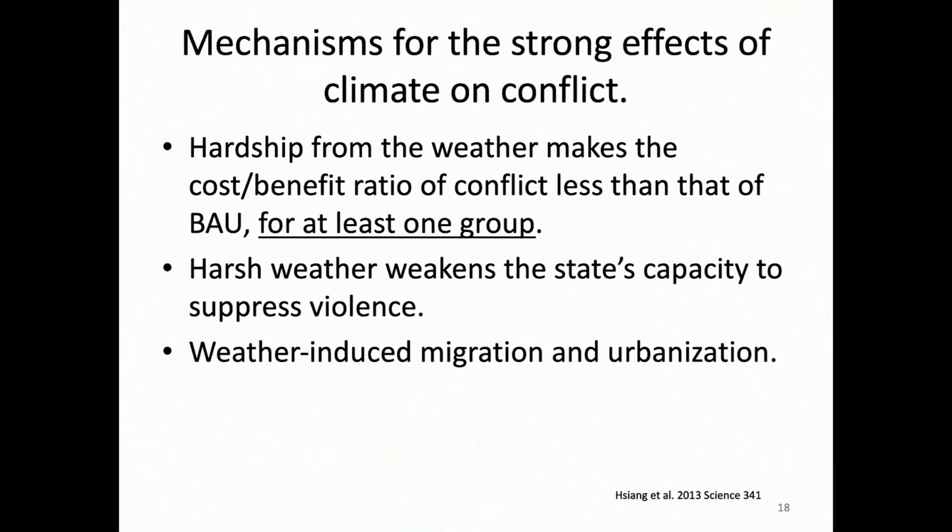And the big one, I suspect, is weather-induced migration and urbanization. I'm guessing that's the big one. But there are other possibilities. Like everybody could just decide that I'm suffering here. There's something wrong with this regime. There's always some impulse to resist. And now my impulse is higher because I see palpable evidence that they're not taking care of me.